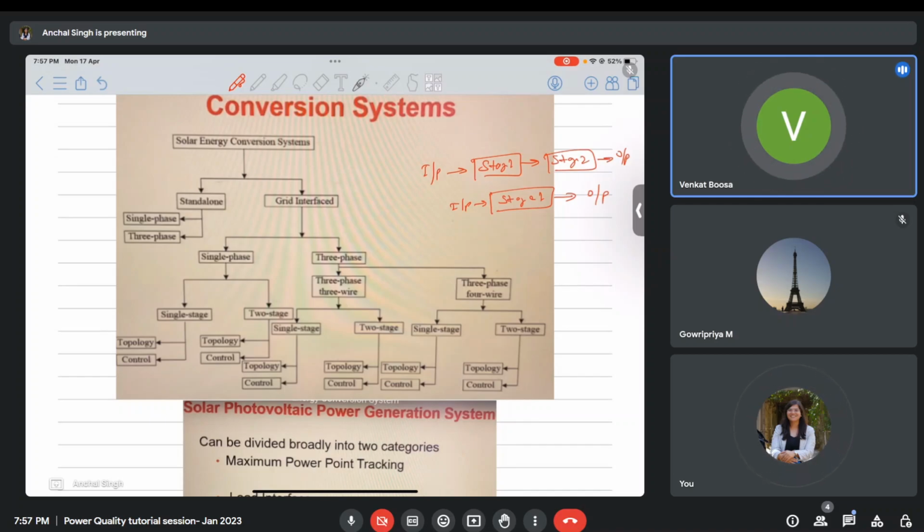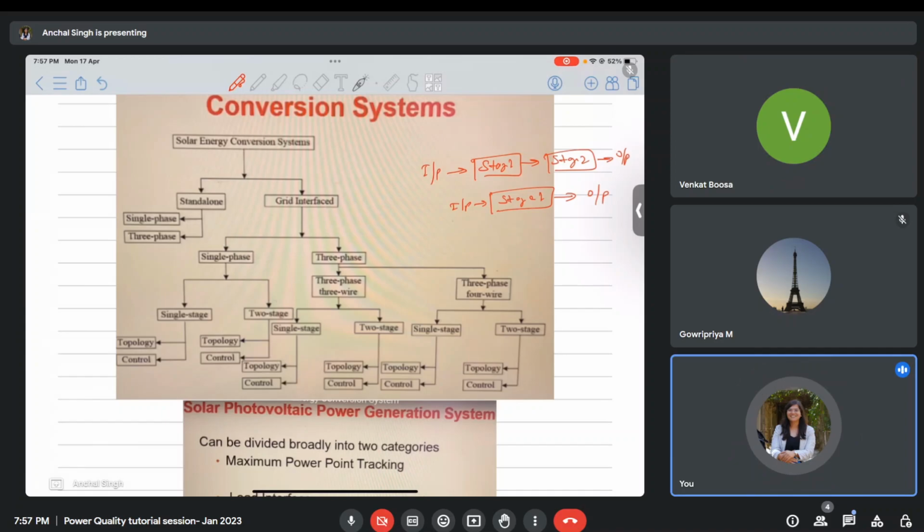Yes. But from the quality point of view, if you want more quality output, then you have to provide a two stage converter, madam. No, sir. Quality means you can talk about the pureness of the DC that you're getting, or the power factor correction that you're able to achieve.